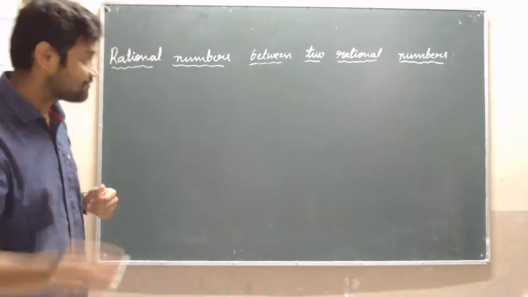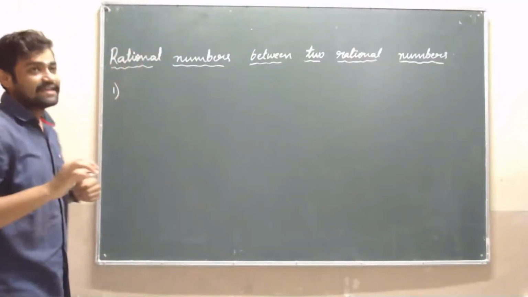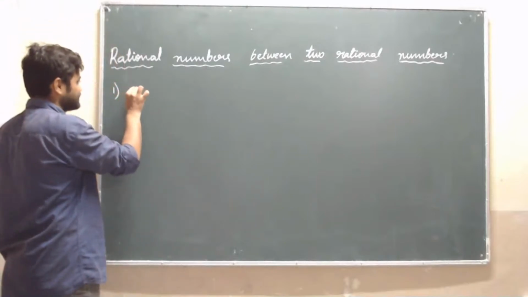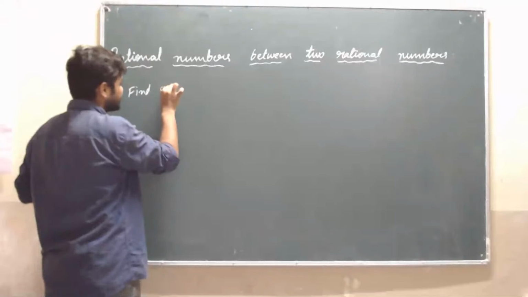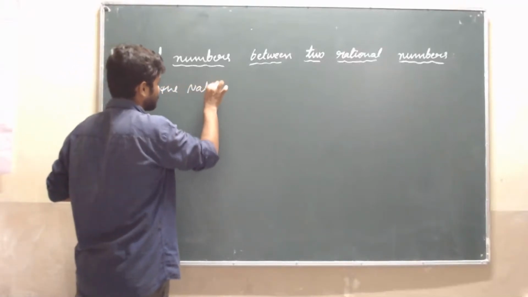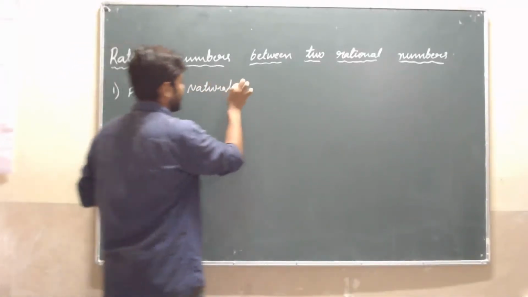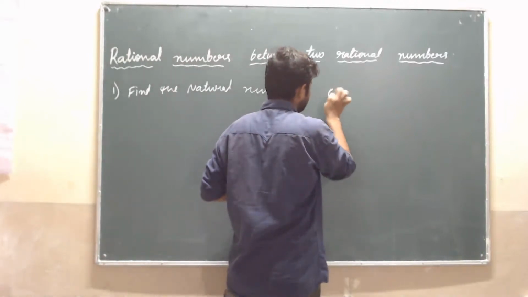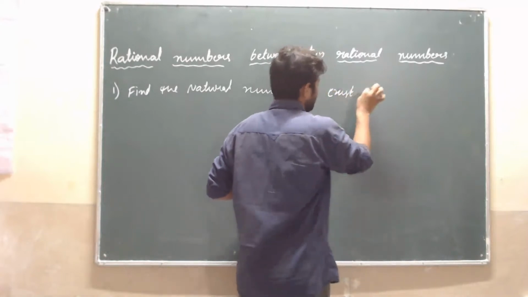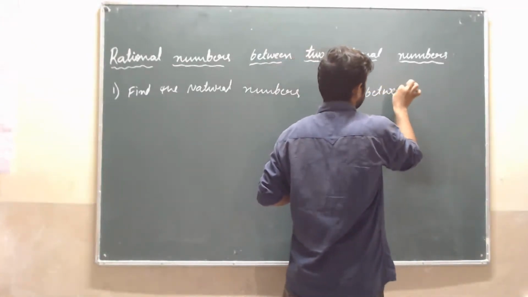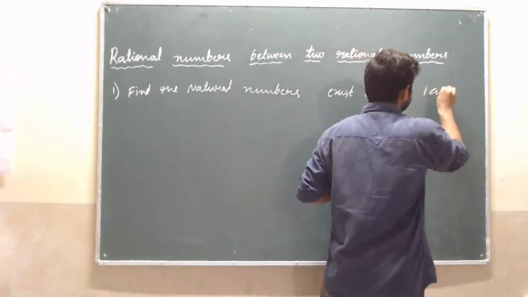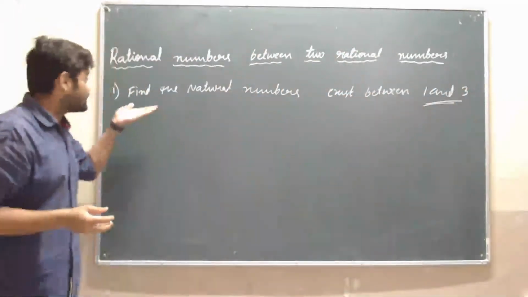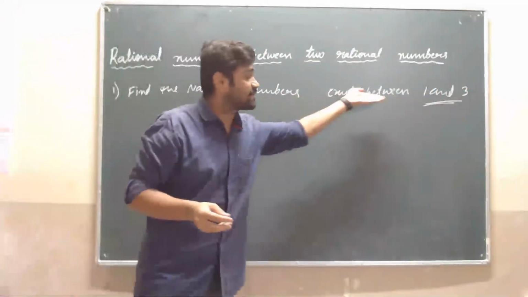For example, the first question we have is: find the natural numbers between 1 and 3. What we have to find is the natural numbers that exist between 1 and 3.